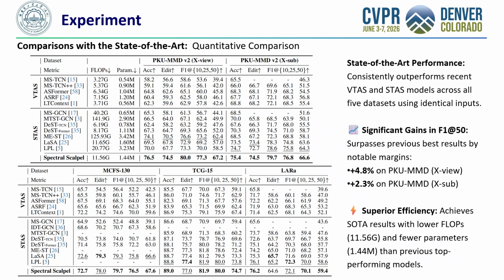Here is our comparison with state-of-the-art models. Spectral Scalpel consistently achieves the best performance across all 5 datasets. Specifically, on the rigorous F1 at 50 metric, we gained an impressive 4.8% on PKU-MMD. Importantly, we achieved this with lower computational costs and fewer parameters than previous top models.